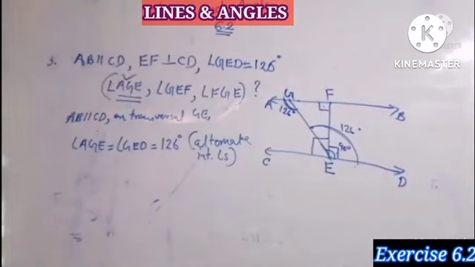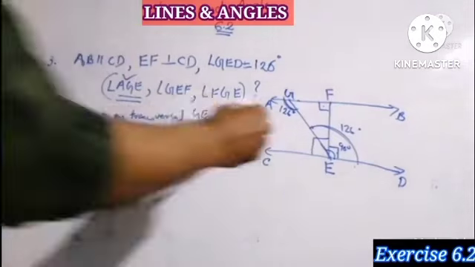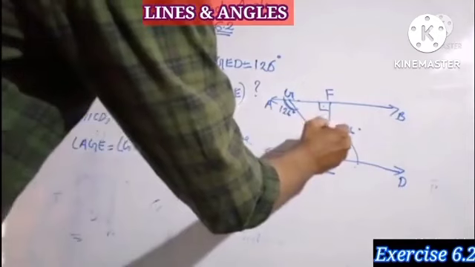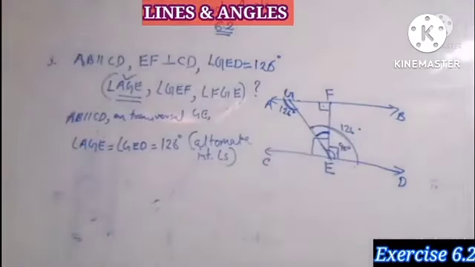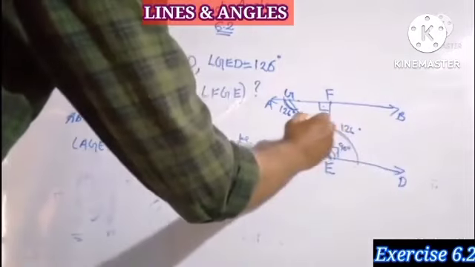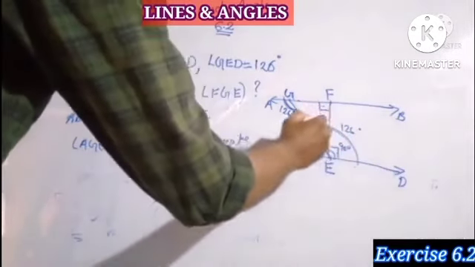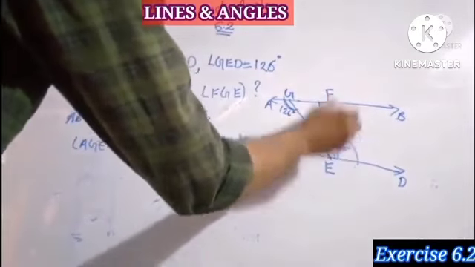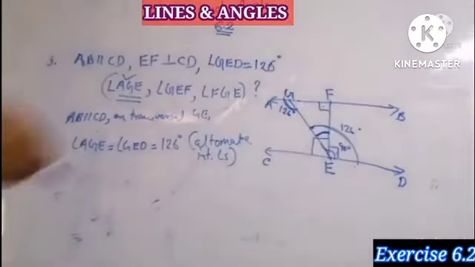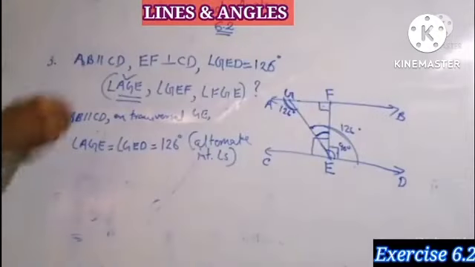First angle GEF, then FGE, the next two. Angle GEF, this is angle GEF, the smaller one. So how to find angle GEF? This angle FED is 90 degree, and the total angle GED is 126. Then 126 minus 90 is angle GEF.